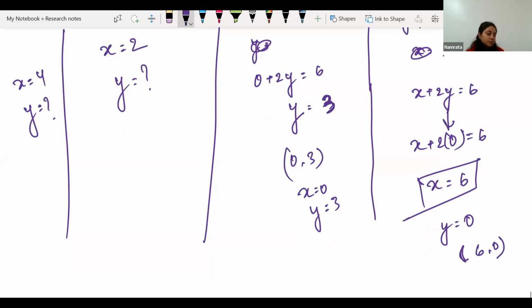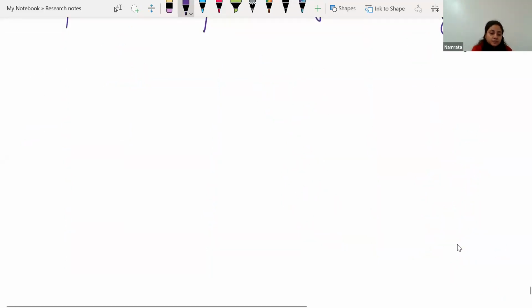Now the next concept over here, let's solve a few questions so that it will be more clear. y is equal to 3x plus 5. It has options: a unique solution, only two solutions, infinitely many solutions.